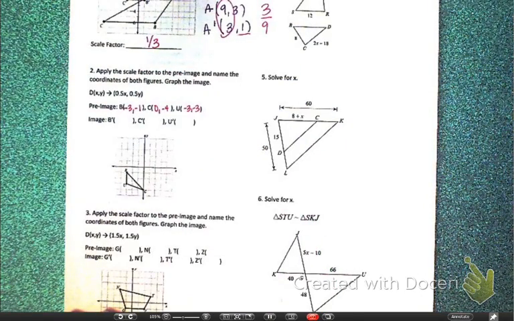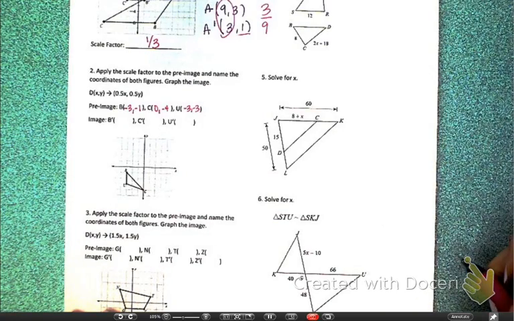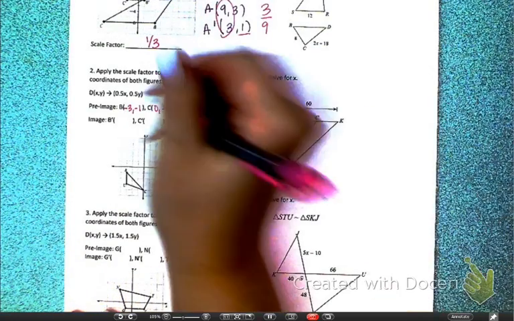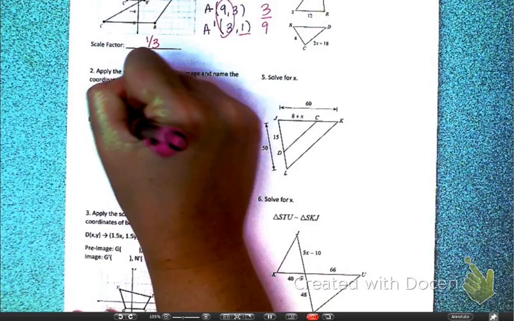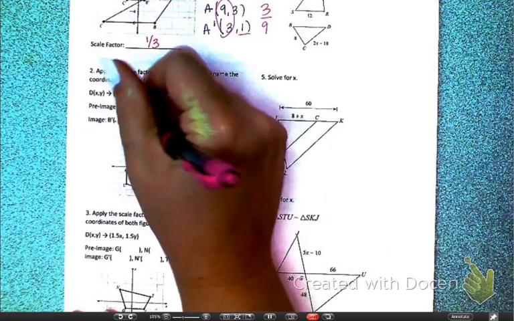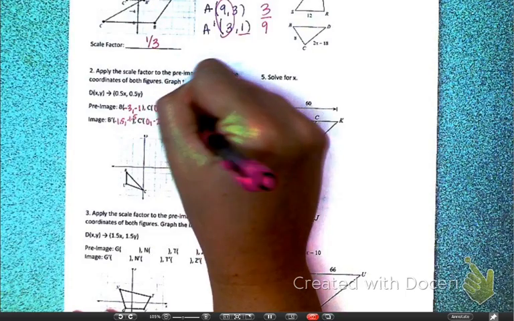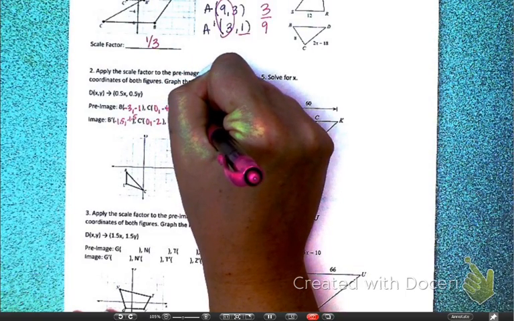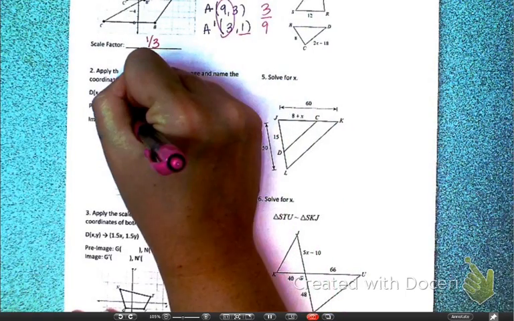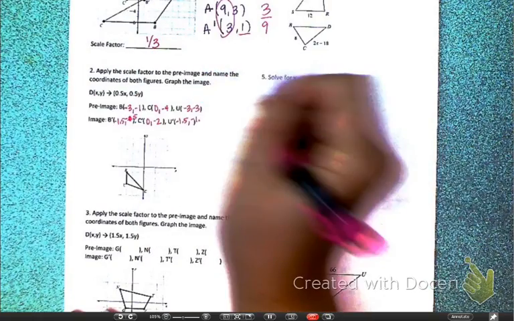And then you're going to apply the scale factor of 0.5, giving you negative 1.5 comma negative 1.5, 0, negative 2, and negative 1.5 comma negative 1 point. I'm sorry, this should be a 0.5. Negative 0.5. Sorry.